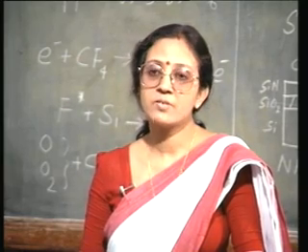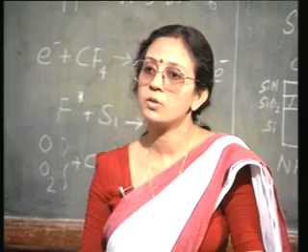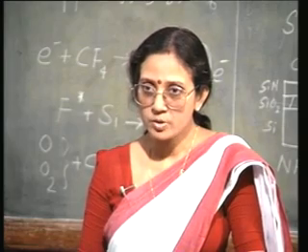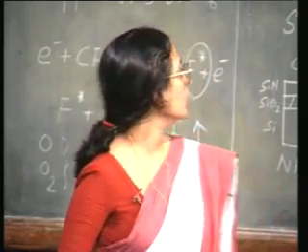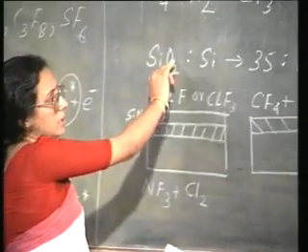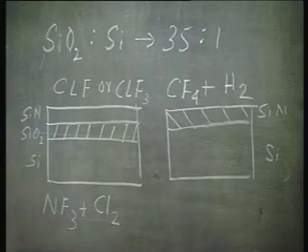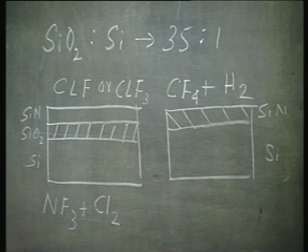But the etching of silicon dioxide and silicon nitride will go on, and in the process it is possible to have a high selectivity. Like I told you, in case of silicon dioxide over silicon, it is possible to have 35:1. Same thing also holds good for silicon nitride.